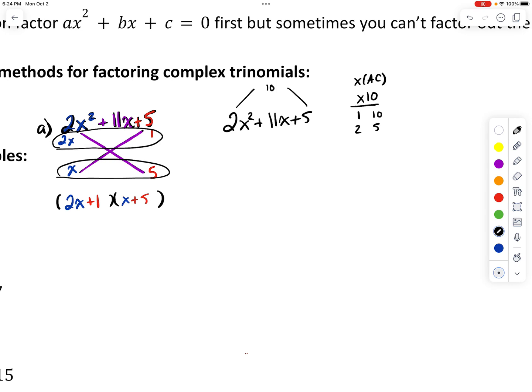The option we're going to use will have to add to the middle. So I want things that add to 11. Which of those sets adds to 11? The 1 and the 10. So this is what we do if you use the decomposition method. You take that 11x and you break it down into those two terms: 1x and 10x.